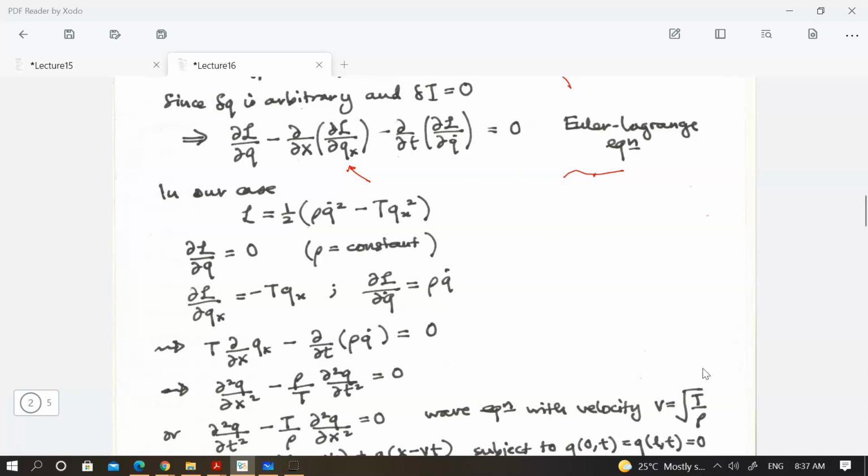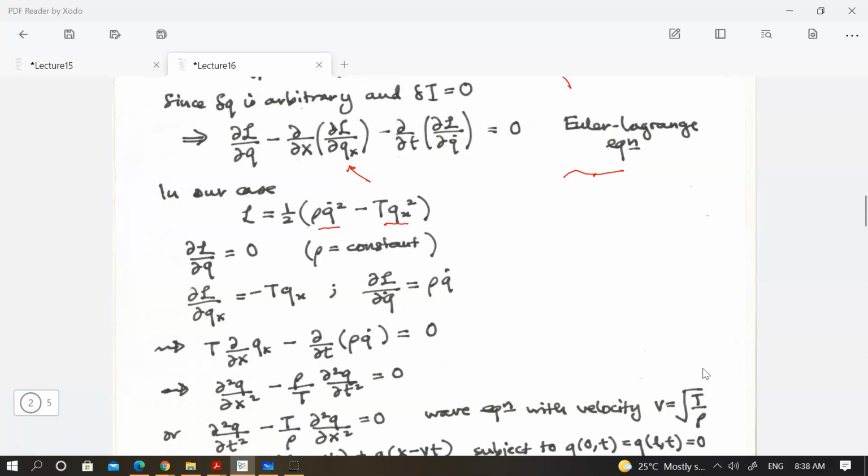So let's look at a particular case. The case that we had before was to think of your kinetic energy given by this rho q dot, and then your potential energy is now written in terms of a tension times this qx squared.